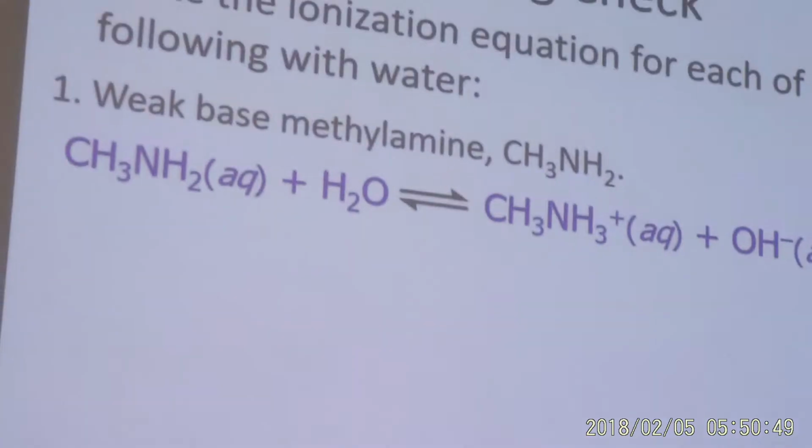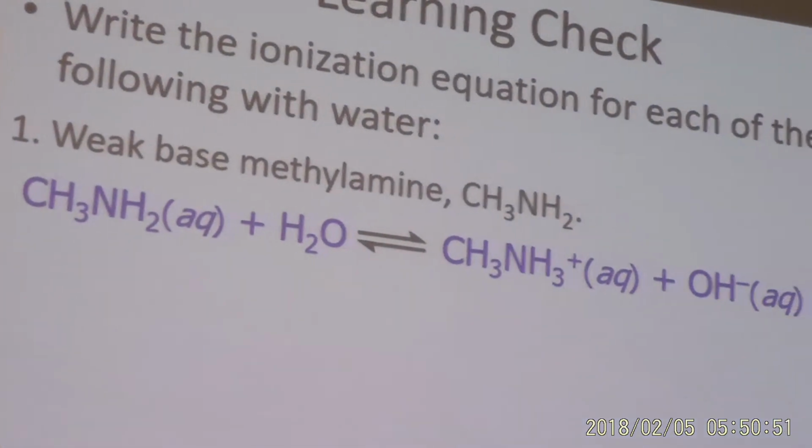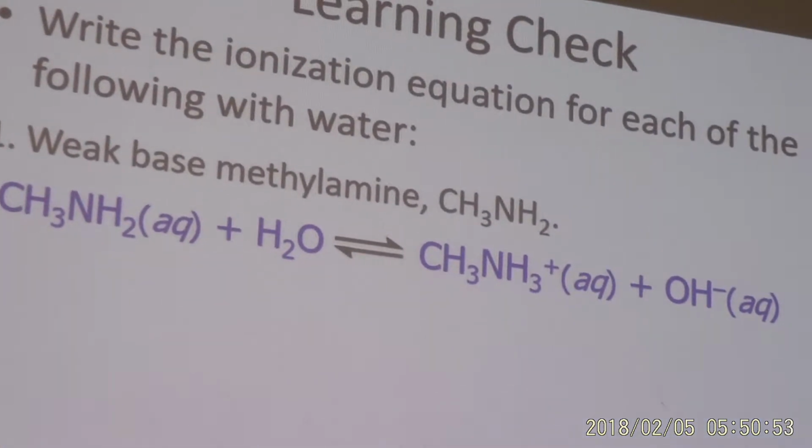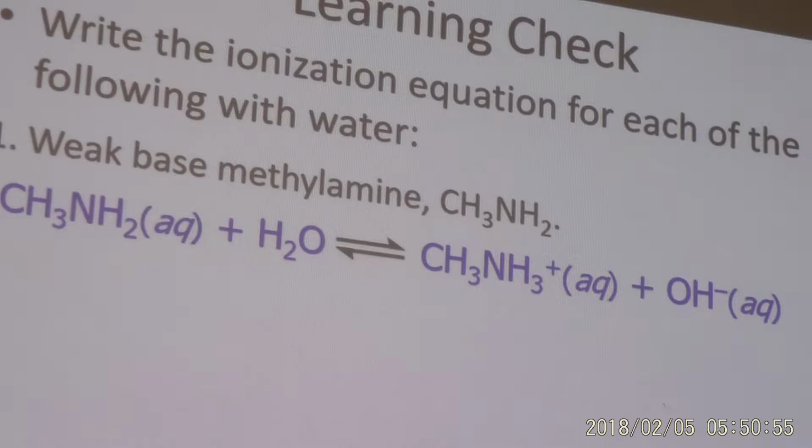Okay, who got that one? Raise your hand if you got that one. So we have methylamine interacting with the water. Does it matter which hydrogen is the extra hydrogen? It kind of does, and we don't really have time to go into it.